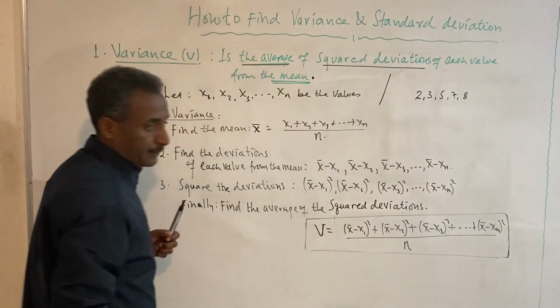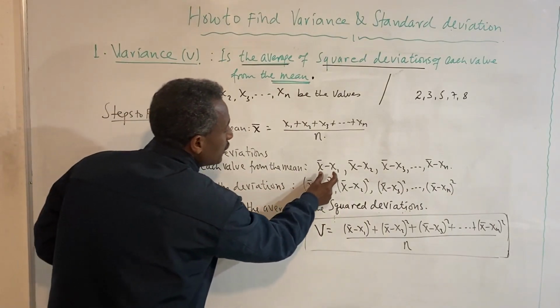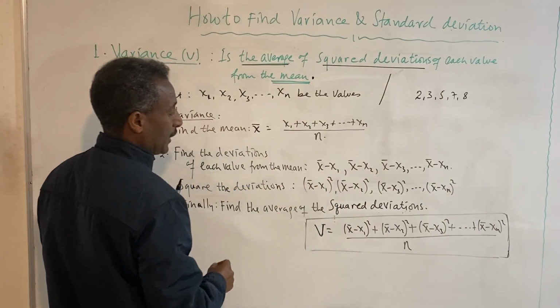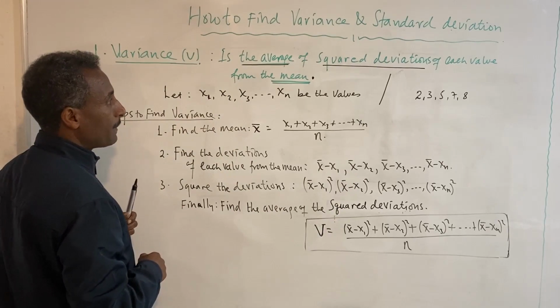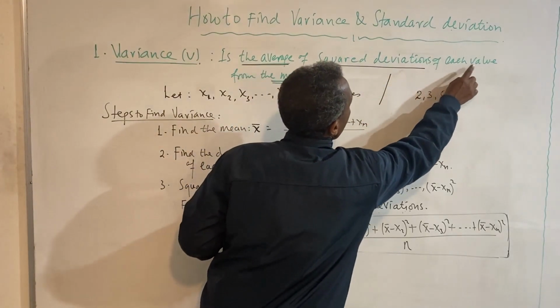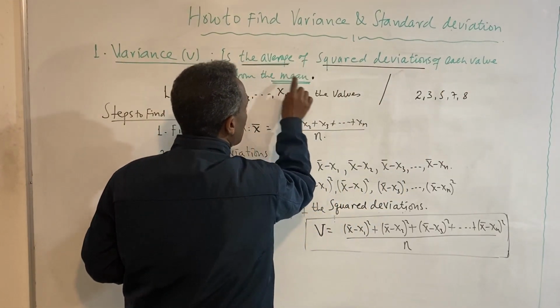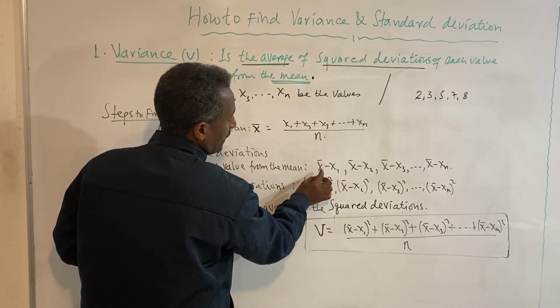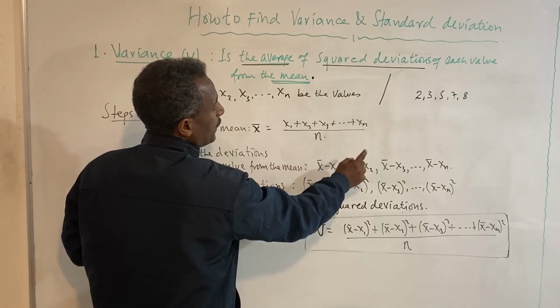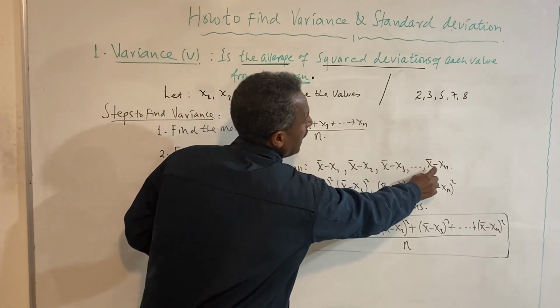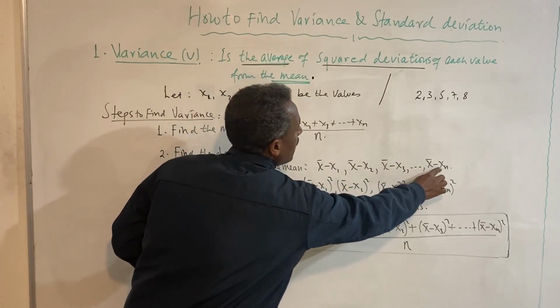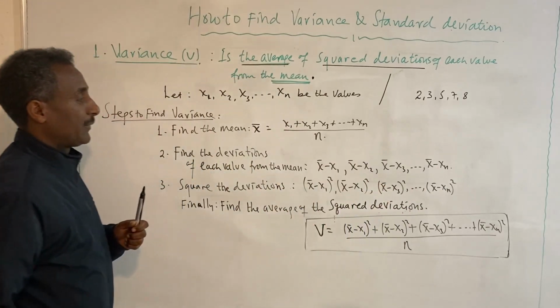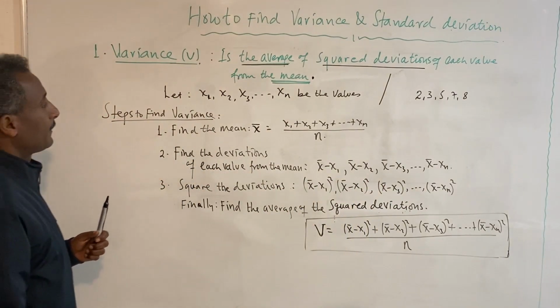These are the deviations of each value from the mean. Okay, then what? Deviation of the first value from the mean, deviation of the second value from the mean, and deviation of the last value from the mean. Then what's next?